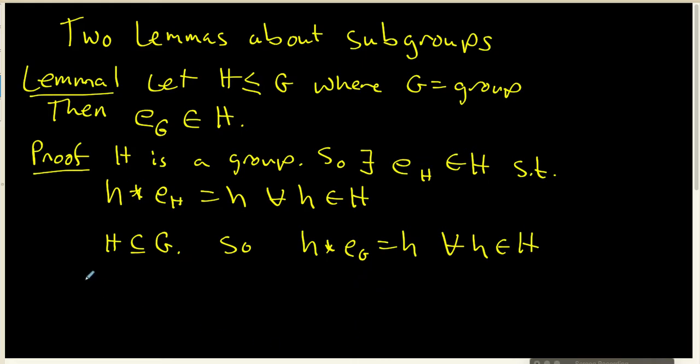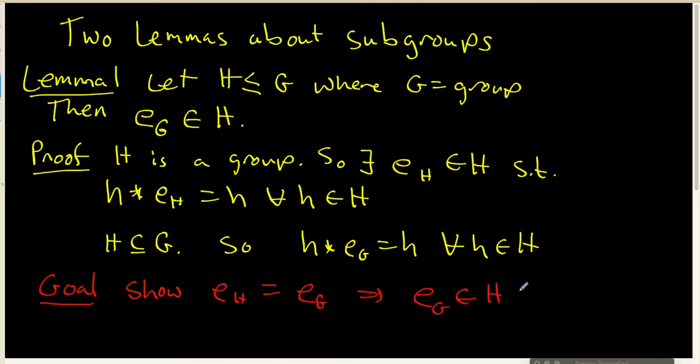So let me put that as a goal. My goal is going to be to show that e_H and e_G are the same thing, and that will put e_G inside H, since e_H already has to belong to H up here. Well, let's actually see how I'm going to go about doing that.